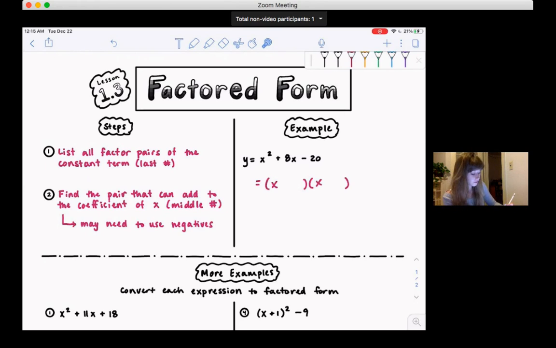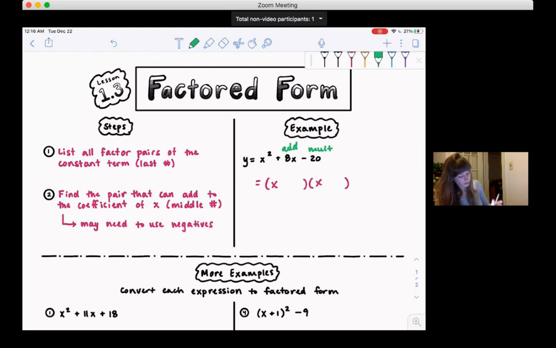When I do the outer and the inner, I'm going to add them together when I combine terms, and when I add them, I need to get 8. So I know I need two numbers that are going to add to 8, and then when I do the last terms, I multiply those two numbers, I need to get negative 20. So they need to multiply to negative 20.